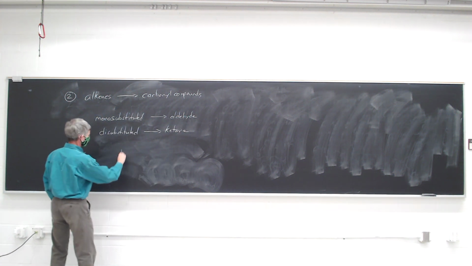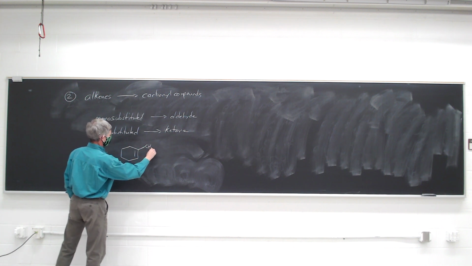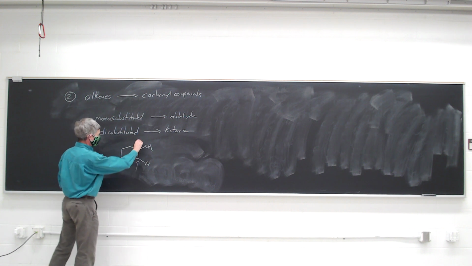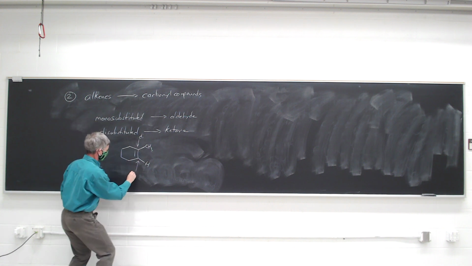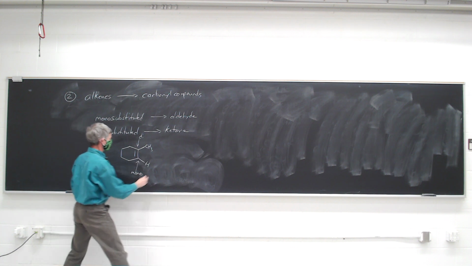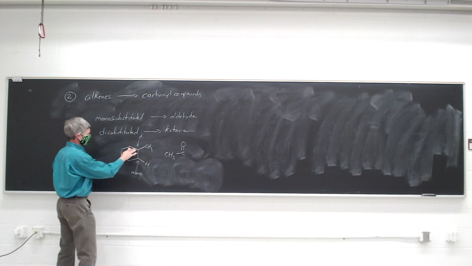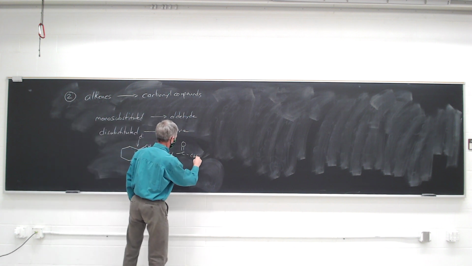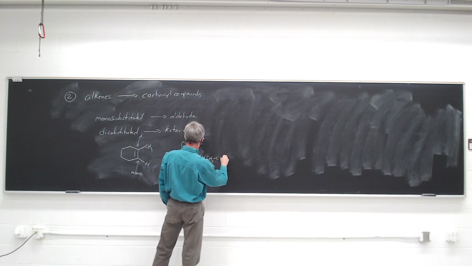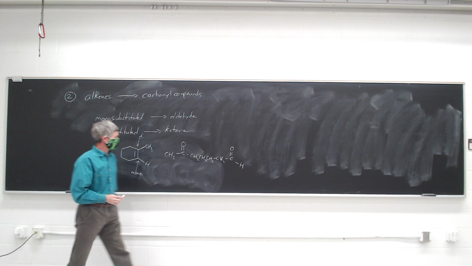So if, for example, I have an alkene that's mono-substituted on this end and di-substituted on that end, when I oxidize that up, I'll get a ketone for the di-substituted end and an aldehyde for the monosubstituted end.